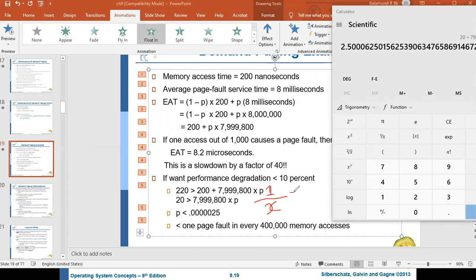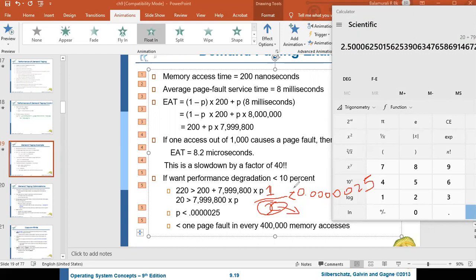So 1 by X should be less than or equal to P. What is P? 0.0000025. So what will be X? X means out of this many instructions, one page fault is acceptable.